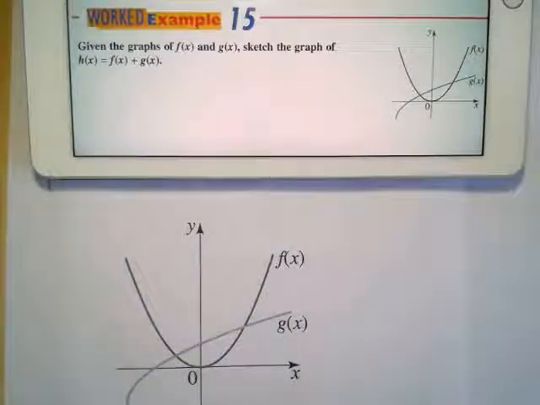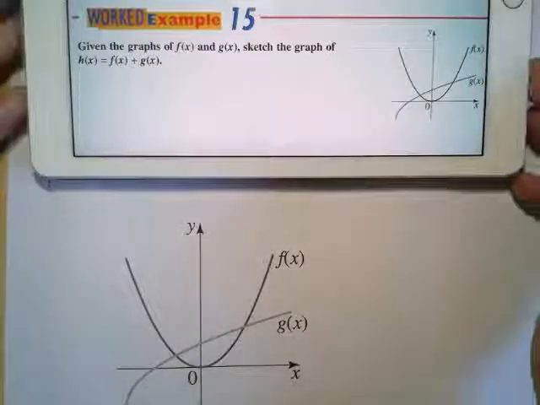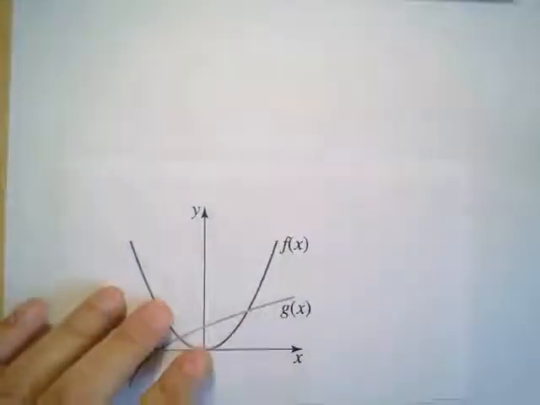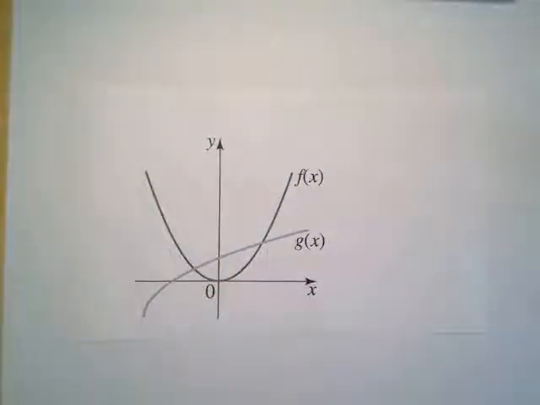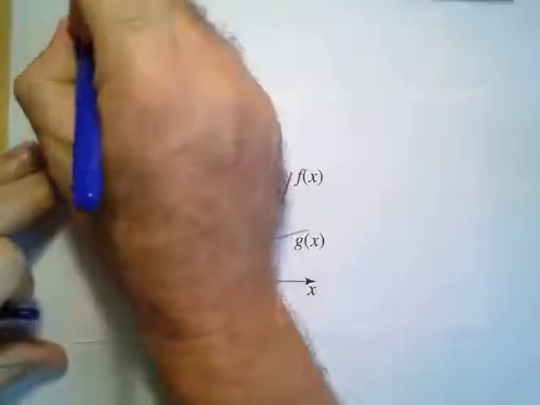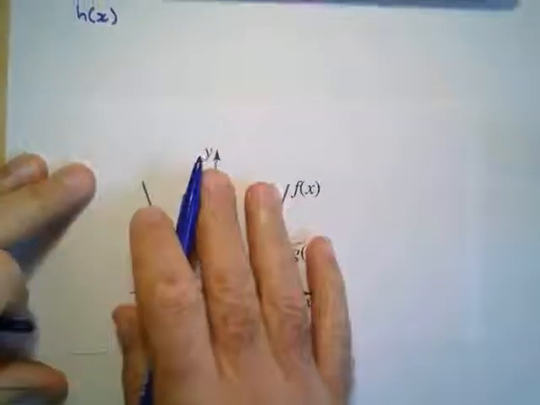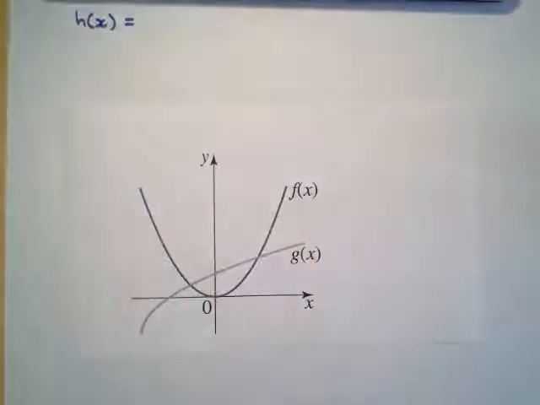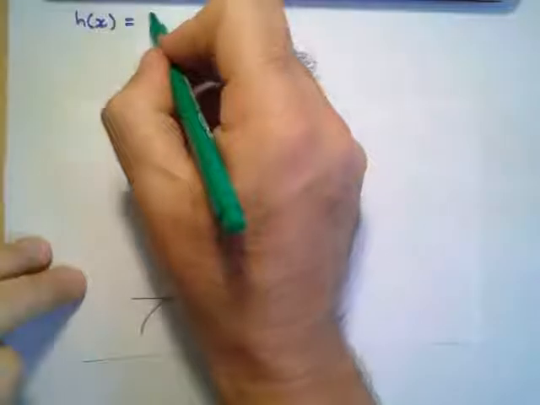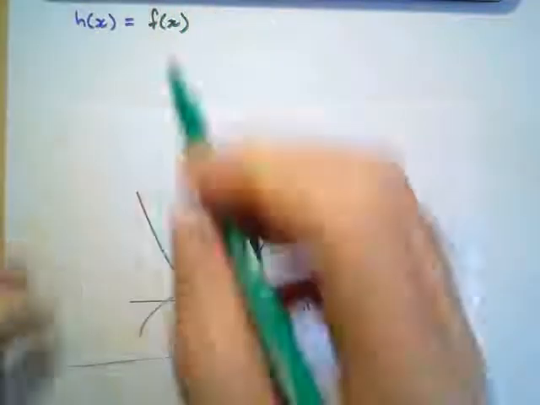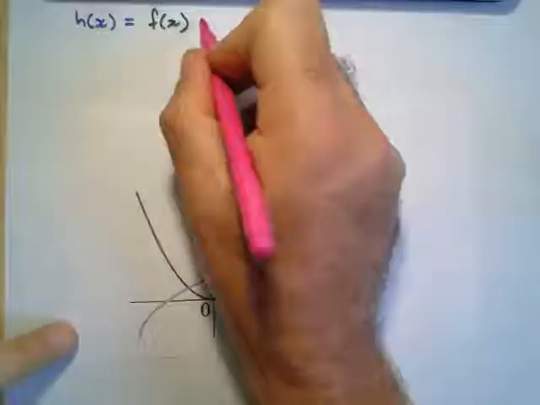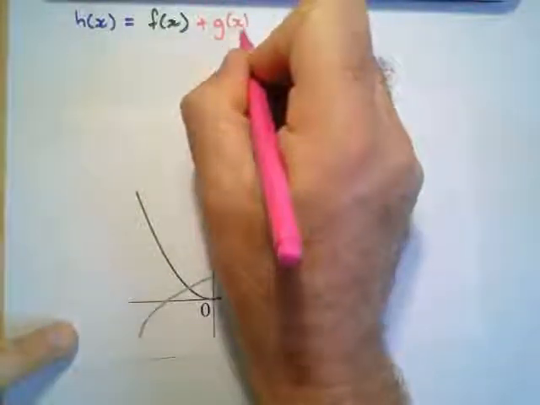Okay, so I'm just going to quickly write at the bottom what they want us to do. So I'm going to take that out so I have more space. What they've asked us to do is to calculate h(x), and h(x) equals f(x) plus g(x). Now I'm going to use two colors here. I'm going to use f(x) plus g(x), let's make it pink, plus g(x).